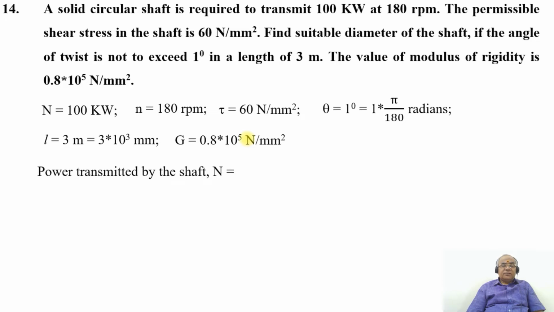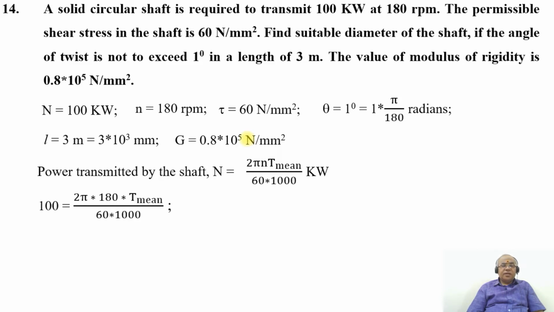So first we want to find out the power transmitted by the shaft, which is capital N equal to 2 pi n into T mean divided by 60,000. Substituting the values, capital N is 100, so 100 equals 2 pi into n, which is 180, into T mean divided by 60,000.